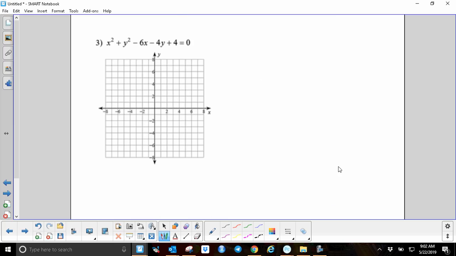From algebra 2, you know how to make a perfect square, so I'm going to form it like that.